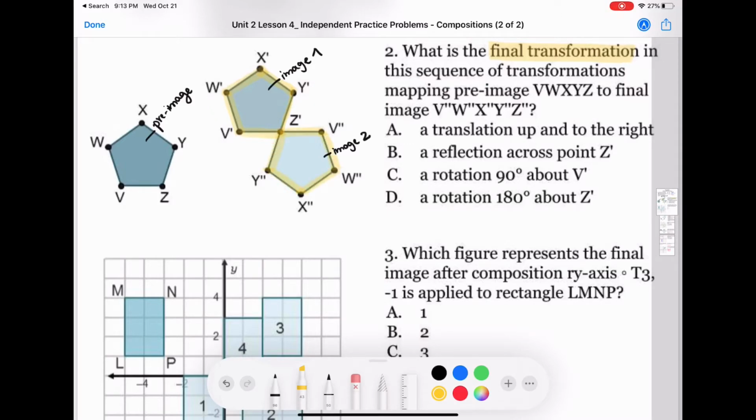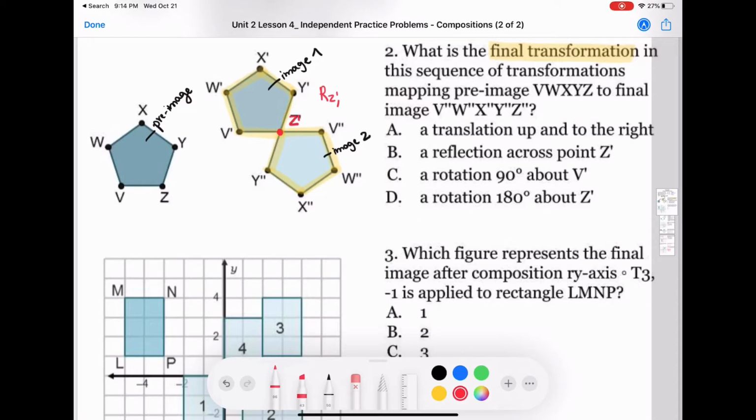Well, it looks like we had a type of rotation, specifically a rotation about point Z prime. And now we want to identify what the degree of that rotation is.